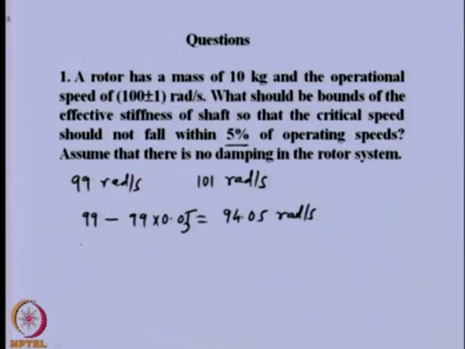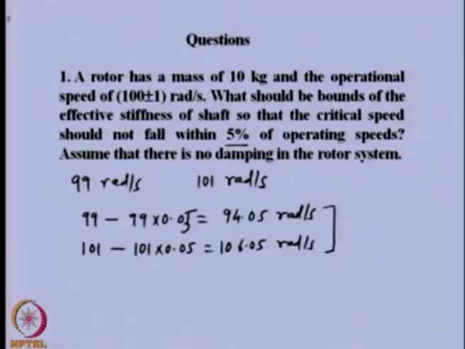For the upper limit, that is 101 with a 5% margin, we are getting 106.05 radians per second.